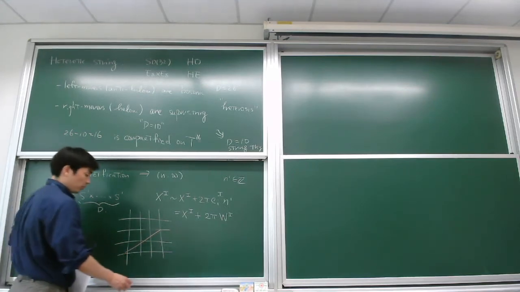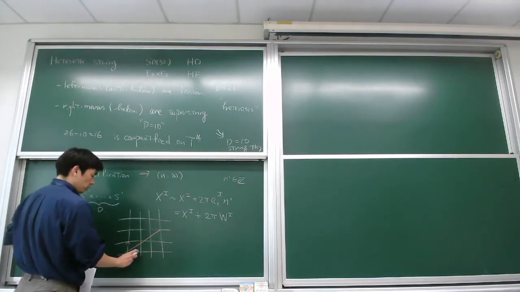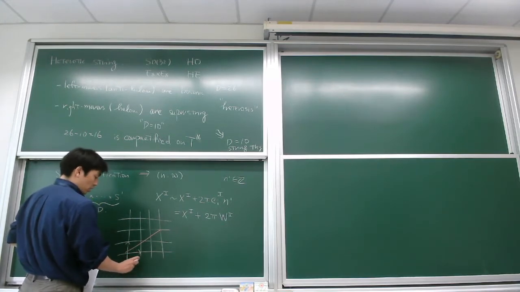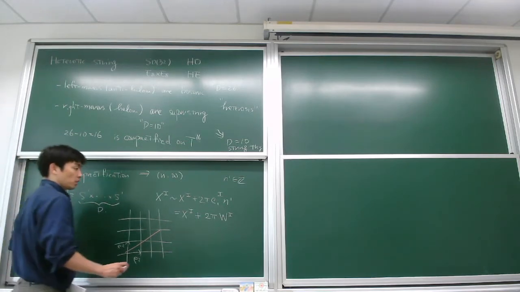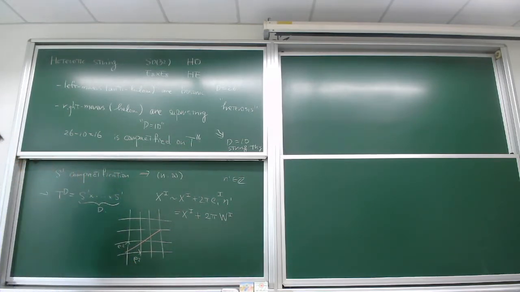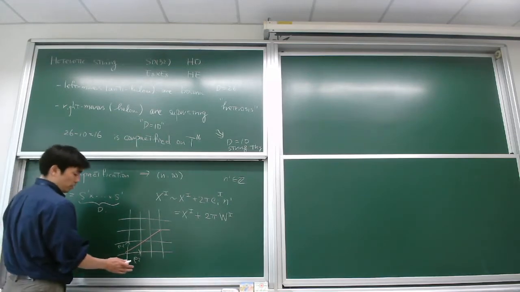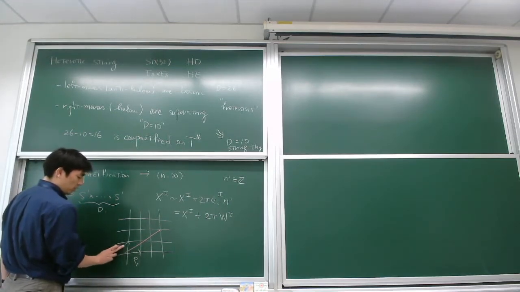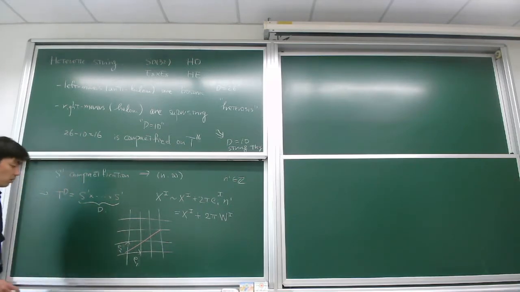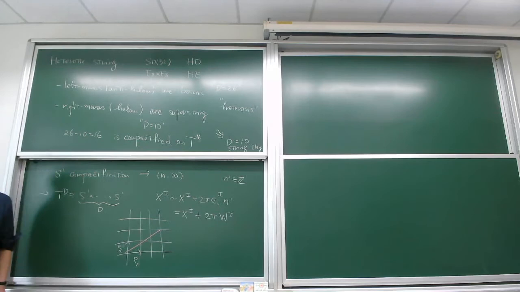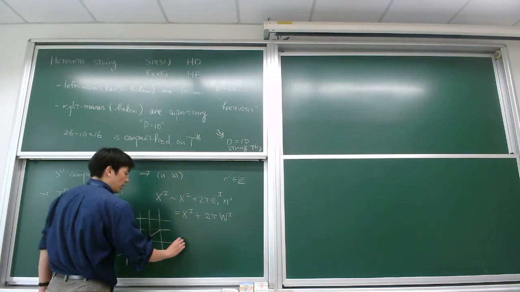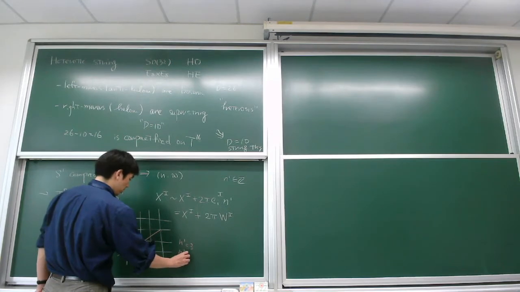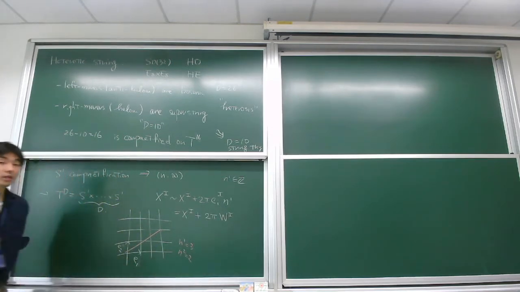For instance, the winding number here, where this direction is e_1 and this is e_2. Sorry, I should use e_1 and e_2 with lower indices. In this case, n^1 is equal to 3, and n^2 is equal to 2. That's the winding number for the torus.